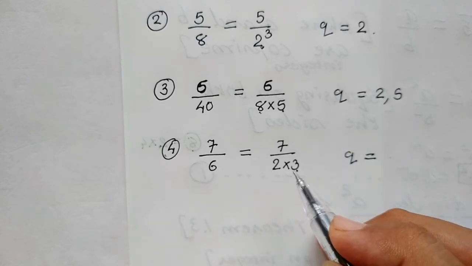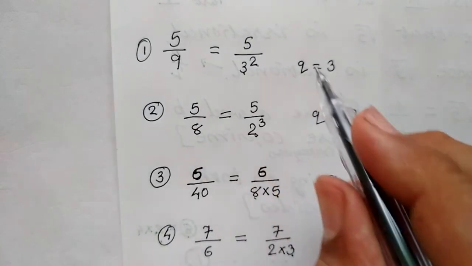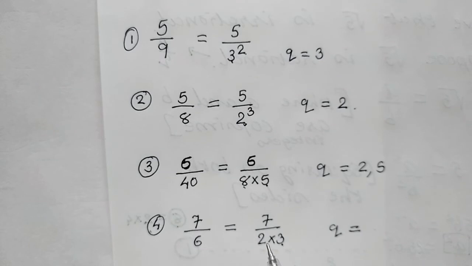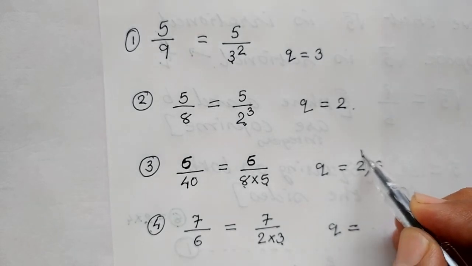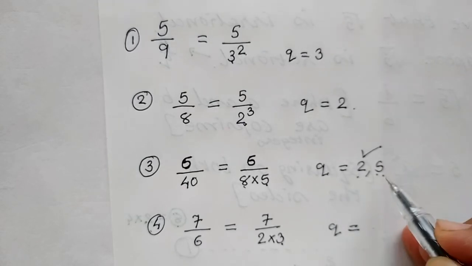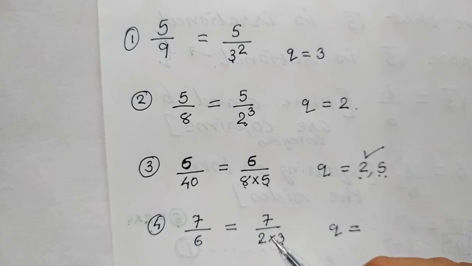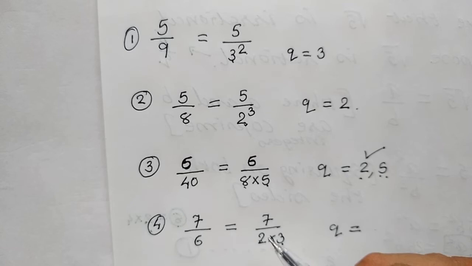This challenge you can give because of this 3. So children, from these examples, we make a conclusion that the denominator q must be either 2 or 5 or both. If any number except these two numbers enters the denominator, then your answer is non-terminating repeating. Clear children?